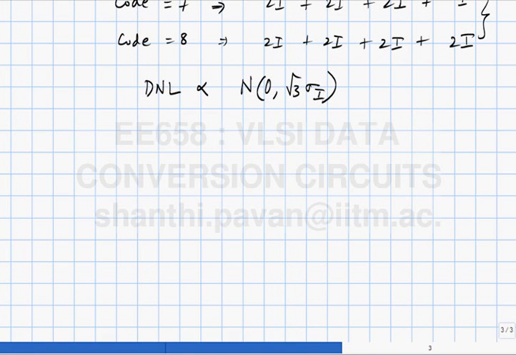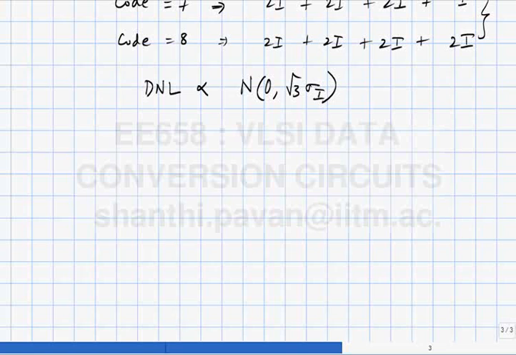I think this is pretty straightforward, and I'll give that as an exercise for your assignments. You can figure out the percentage of segmentation required to get the complete DAC in the smallest possible area, and that clearly has to do with the trade off between the analog and the digital area. Okay.